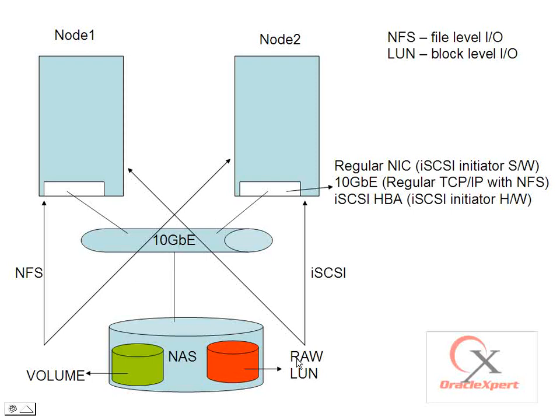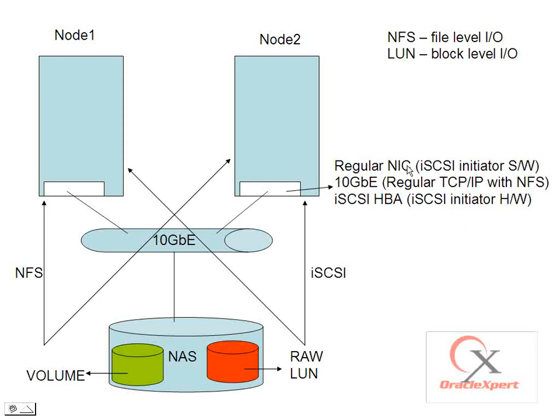How do I access these raw LUNs? There are two ways. Either instead of a regular NIC, implement an iSCSI HBA. Now the iSCSI HBA works as an initiator. This initiator helps me access the raw LUNs from the target host. So I can directly access a raw LUN. We'll see what exactly it uses.